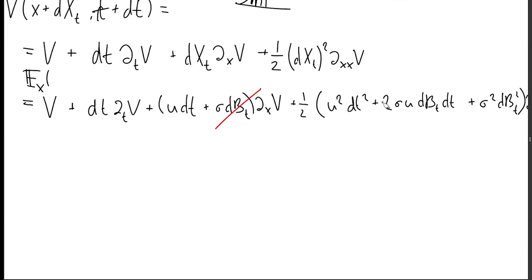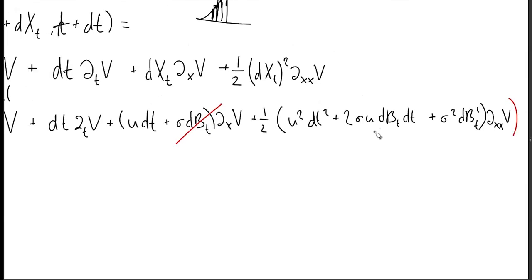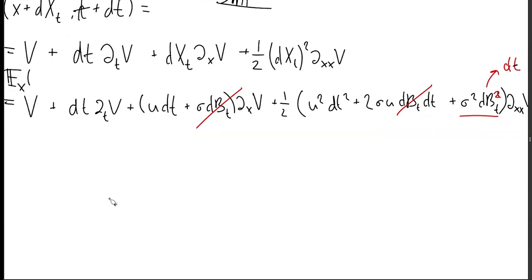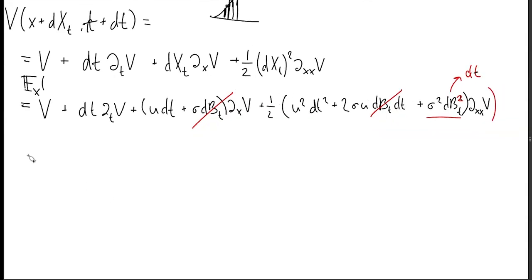Likewise, this dBt is going to go to 0. And the only term left that includes a dBt is this term here. This is squared, and in expectation, what we had before is that this thing is equal to dt.